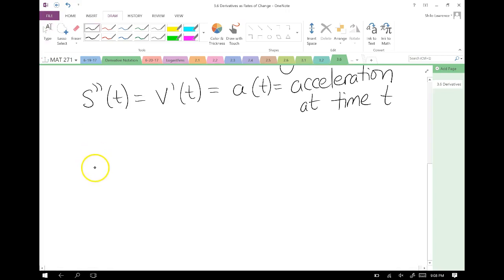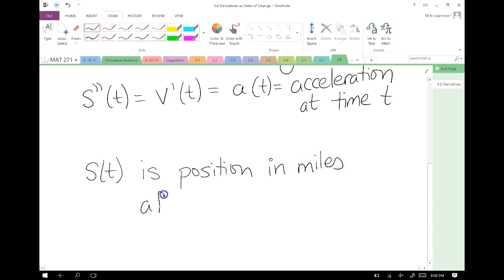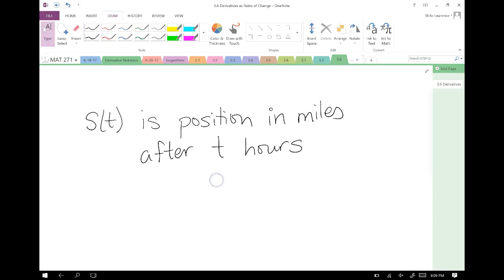So let's say s of t is position in miles after t hours. So I can plug in 3 hours and it will tell me how many miles I've gone. I can plug in 10 hours, it'll tell me how many miles I've gone. I can plug in 40 hours, it'll tell me how many miles I've gone. So this s of t just tells me my position in relation to some sort of reference point at a certain time.